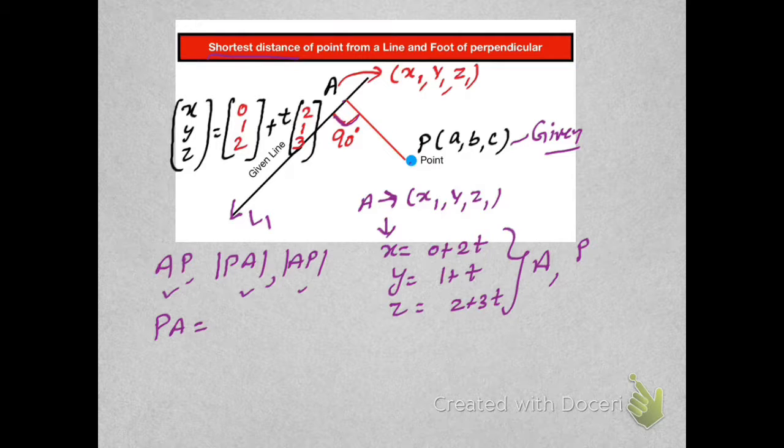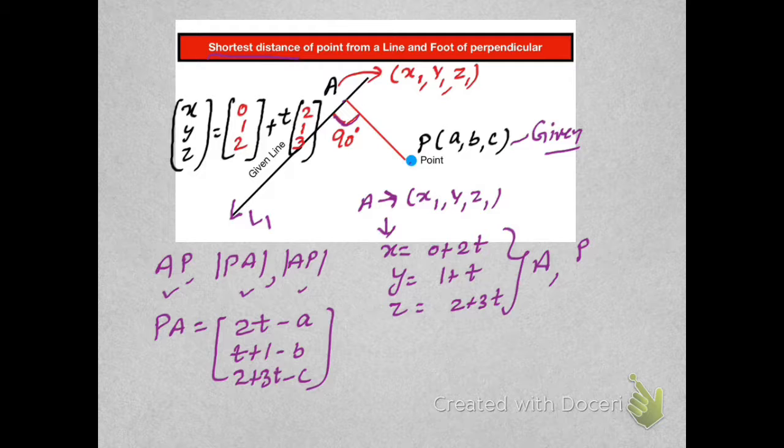How to find vector PA? Coordinates of A minus coordinates of P. So 2t minus a, then t plus 1 minus b, and then 2 plus 3t minus c.